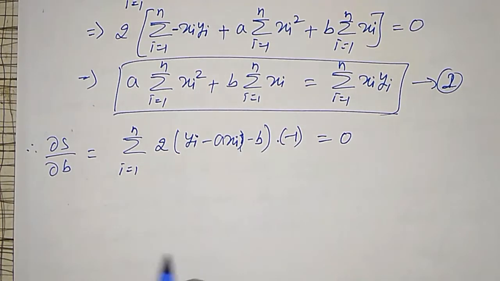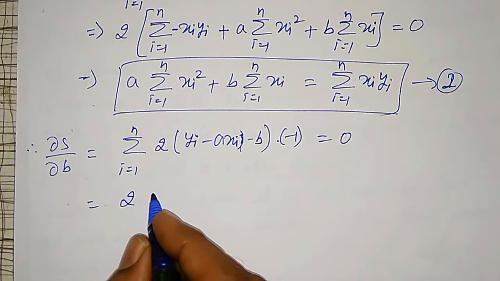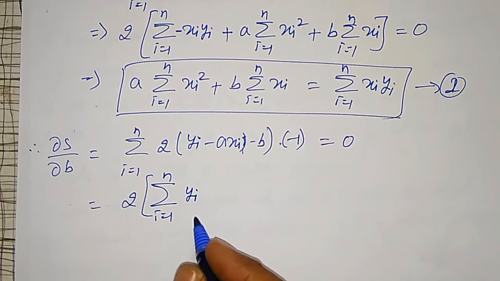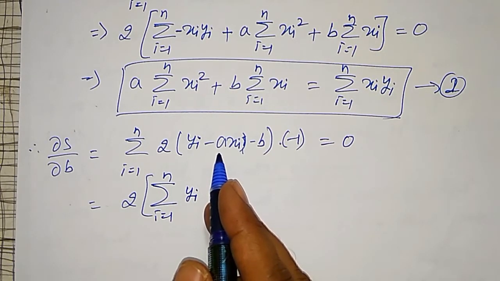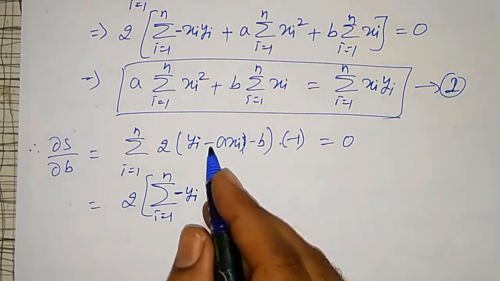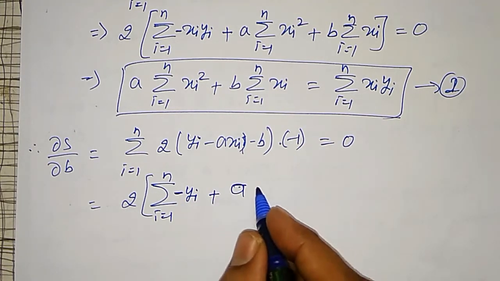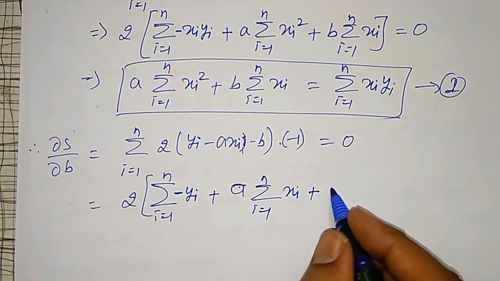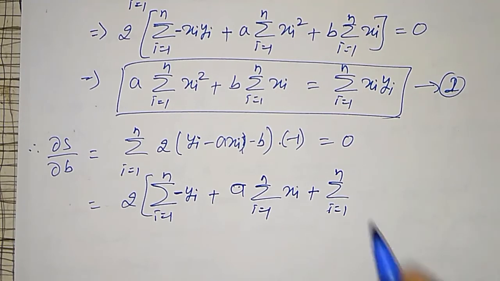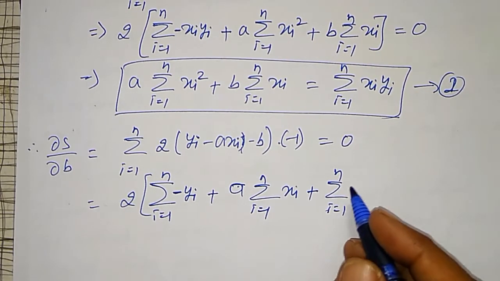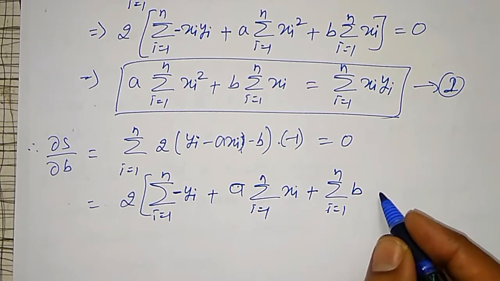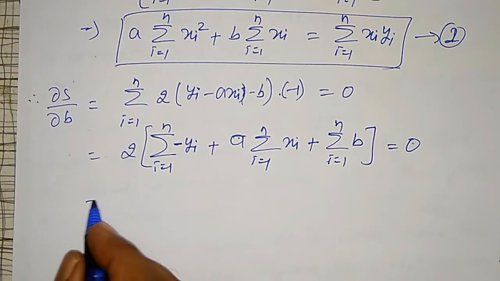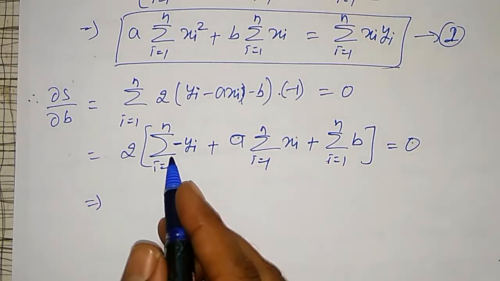This minus 1 is multiplied inside and the terms separated: 2 times summation i equal to 1 to n yi, and minus of minus gives plus a into summation i equal to 1 to n xi, minus of minus plus summation i equal to 1 to n of b, must be equal to 0. Here I can shift the 2 to the other side.